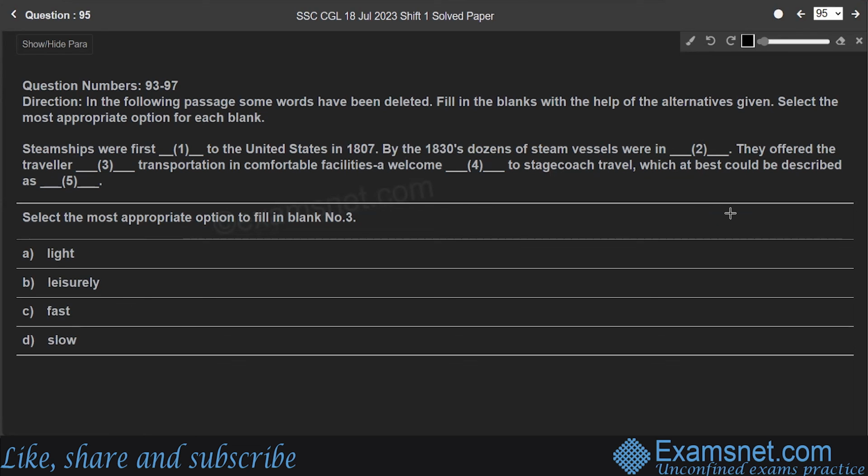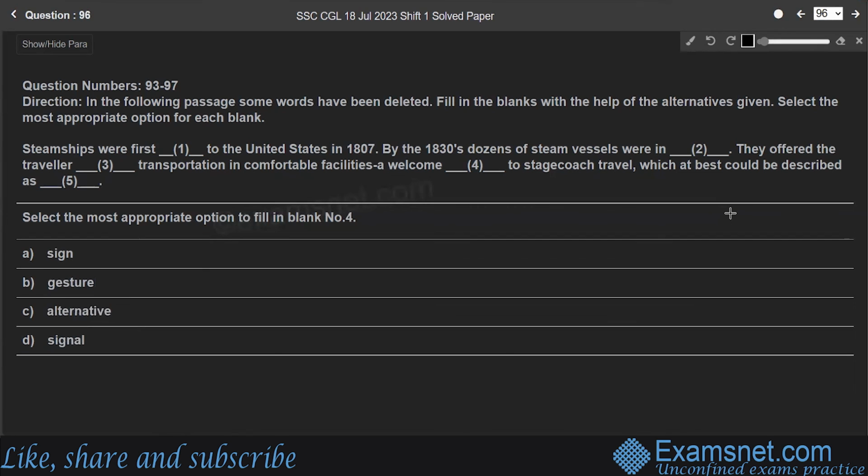They offered the traveler dash transportation in comfortable facilities, right? So they offered the traveler fast transportation. Out of the given options, only fast can be an appropriate adjective for transportation. So fast transportation in comfortable facilities. Option C is the right answer.